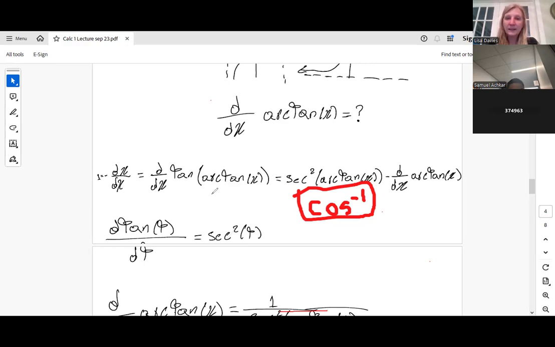So he's going through an example where you're differentiating arc tan, and he's getting secant squared. These are getting into some pretty tricky derivatives this early on.